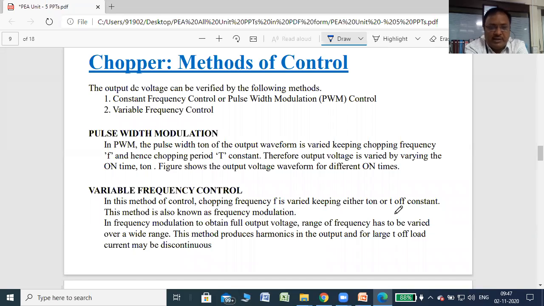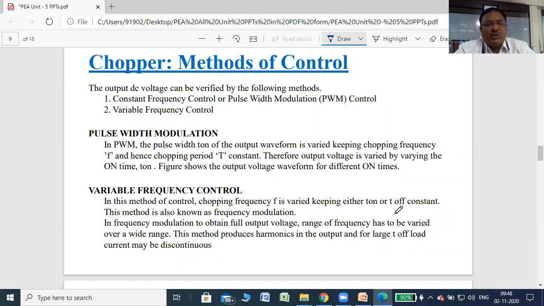These are the two techniques used to trigger the power devices used in a chopper circuit, right? Because a chopper circuit is again made of power devices. Those power devices require a triggering circuit, and the triggering circuit may be either a PWM technique or a VFC. So these are the two techniques used in a chopper to control the output voltage.